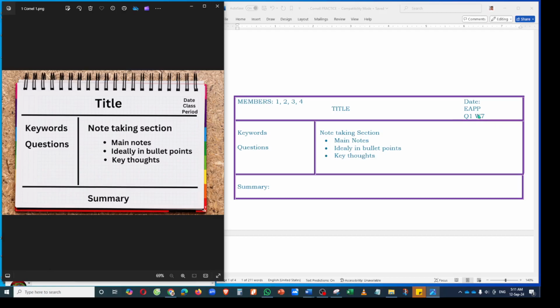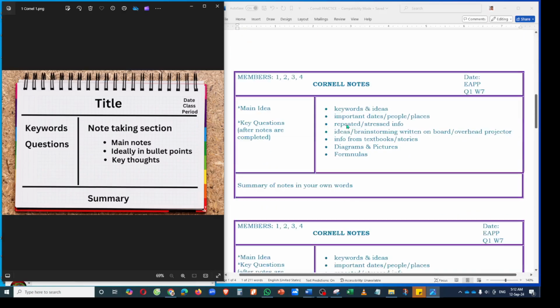If you are going to submit the Cornell note taking activity, which is a performance task, you can write your member's name to the left of the Cornell notes. Okay, so let's take a look at a more detailed explanation.